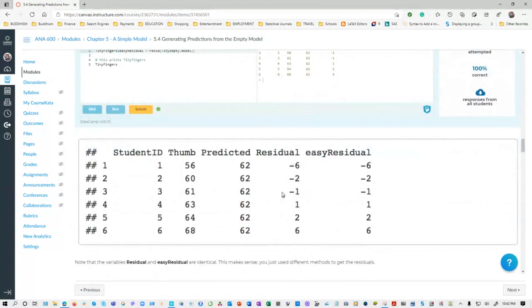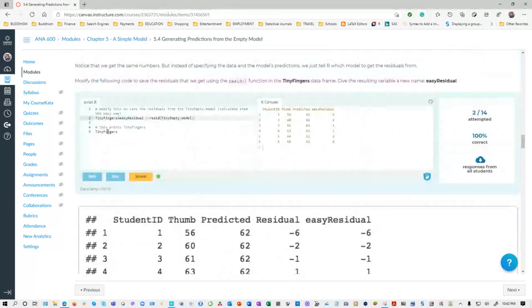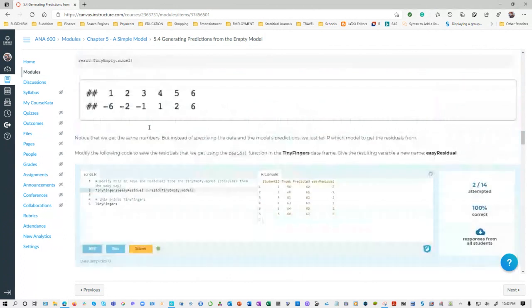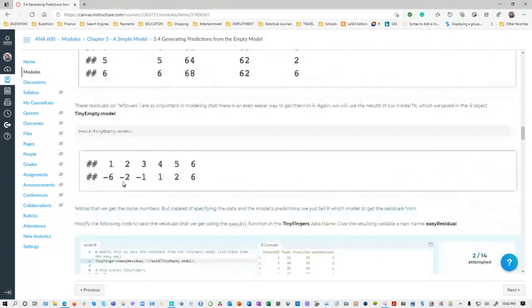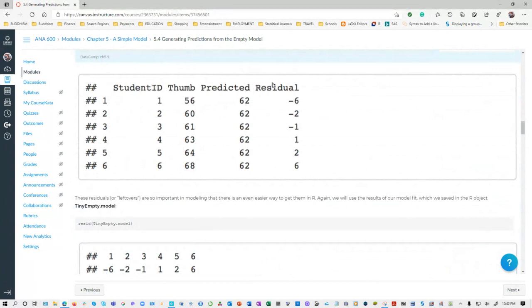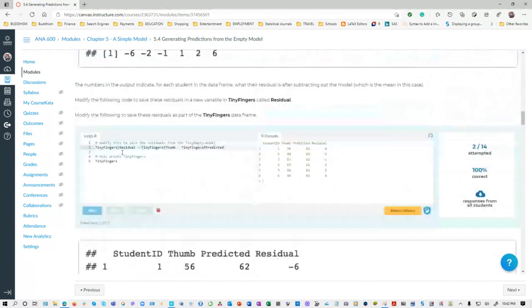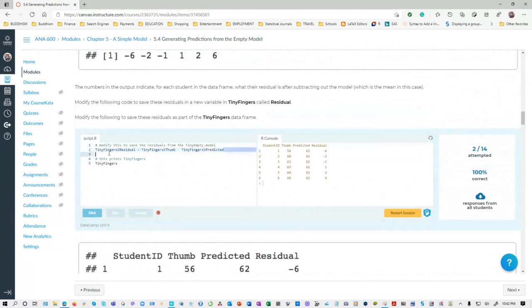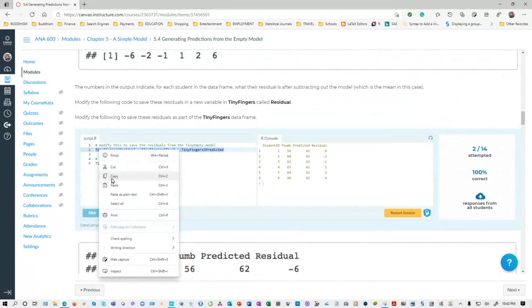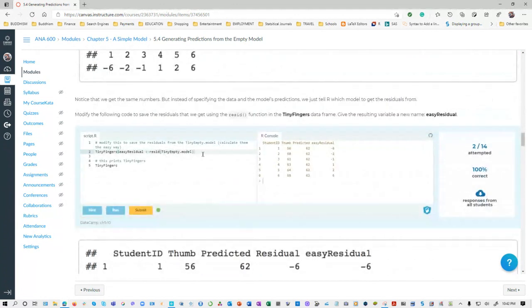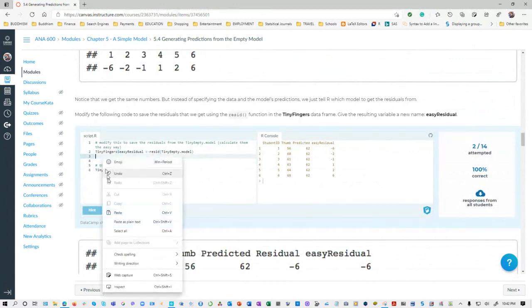Now they say that you calculated the residual earlier as well. They should be added to this one too. Tiny fingers, modify this. Okay, I have to run that one first. Get this one first, and that one too. I'm going to go ahead and run this residual too, and then put this one too.